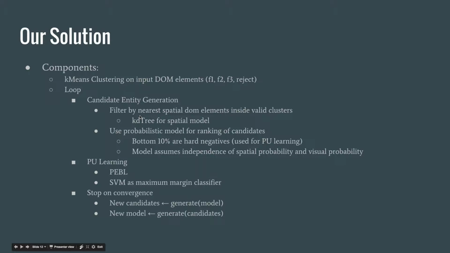Afterwards, we have candidate entity generation, because we need to say, hey, we've got all these DOM elements, how can we structure them into things that are actually entities? After that, we have PU learning, because we have positive examples and we have unlabeled examples through candidate entity generation, but we don't have any negative examples. And we loop through this until we have convergence.